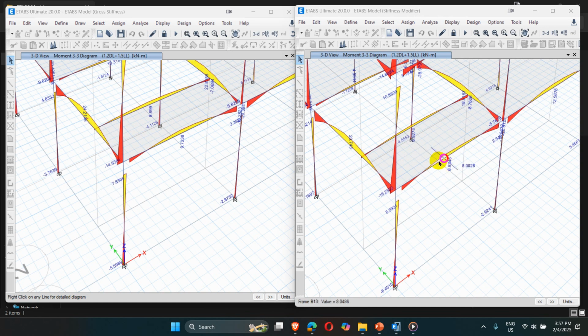So the moment is distributed to the columns, and because the column is stiffer than the beam, it attracts more force, showing a higher value as compared to the model with gross stiffness. So this is how the stiffness modifier can be applied to the structure for the analysis.